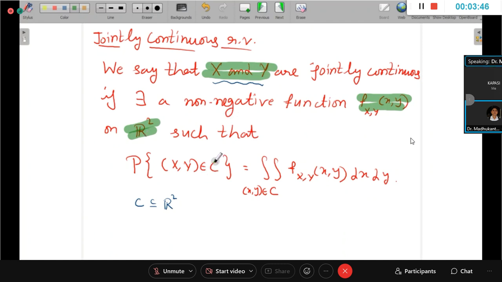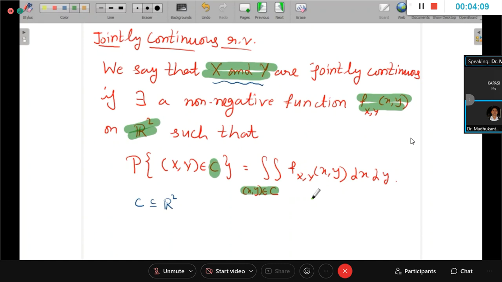Such that this C can be any region in the plane, that R square. We are going to perform the double integral over this xy, where the limits of integration you can identify once you have a specific region of integration.